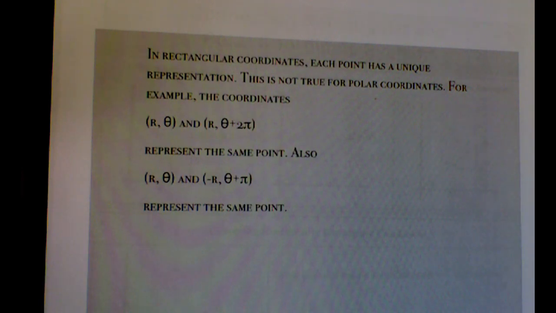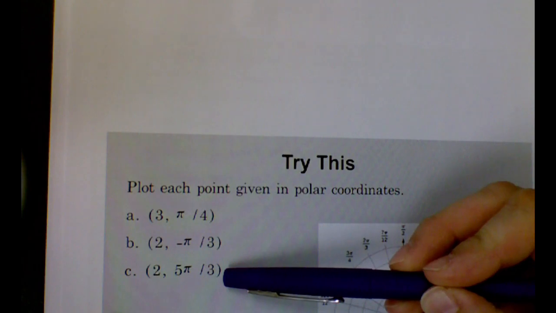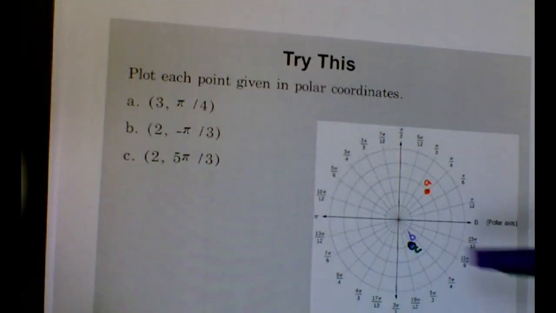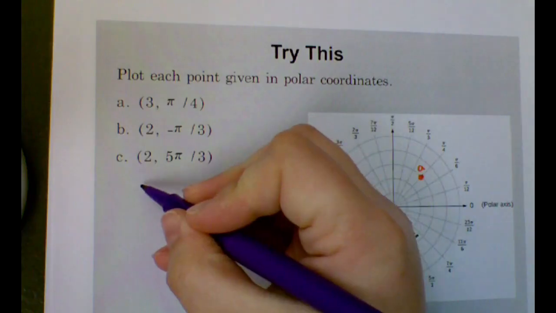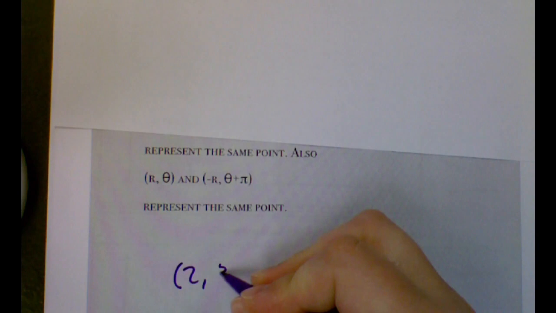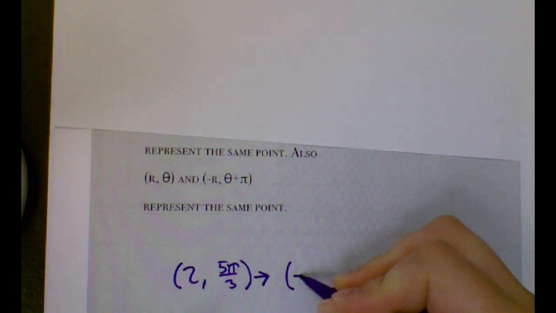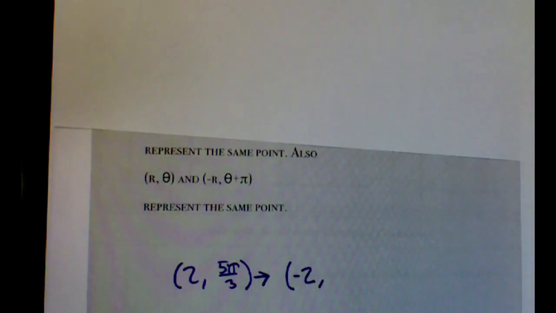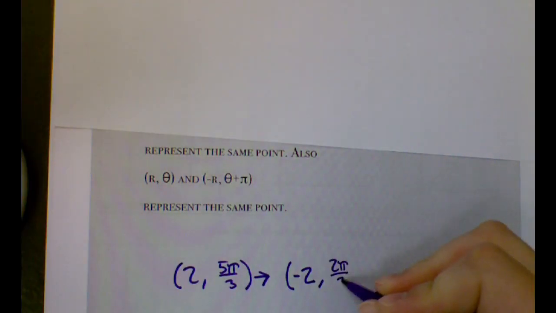So, to think about that in relation to our last problem, if I took negative pi over 3 and I added 2 pi, I got 5 pi over 3. That's why those were the same point. If I instead made this a negative 2, so let's see, (2, 5 pi over 3), that is going to be the same as (negative 2, and then I can add or subtract pi, which means it could be 2 pi over 3).